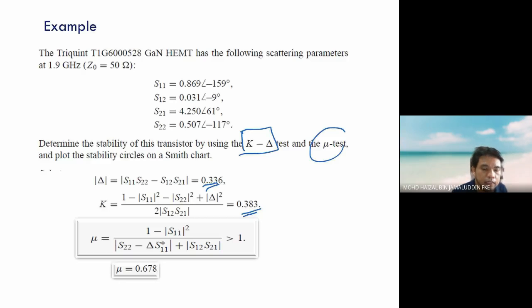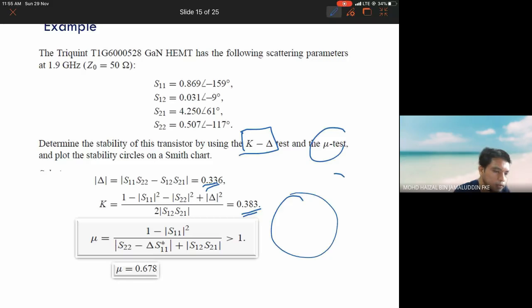That means there's a possibility that the stability circle will intercept with the Smith chart. In this case you need to look at the S11 value, whether it is less than 1 or more than 1. In this case, S11 is less than 1. So we expect that the area where the stability could happen is inside the Smith chart.